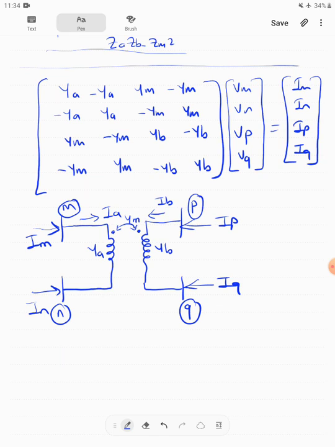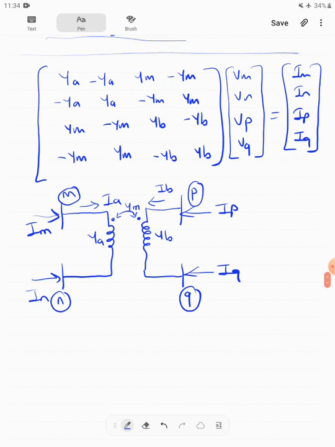With this respect, on this figure, there are 6 different types of currents, and as you see here, that's my current vector as IM, IN, IP, IQ. VM, VN, VP, VQ are the bus voltages.